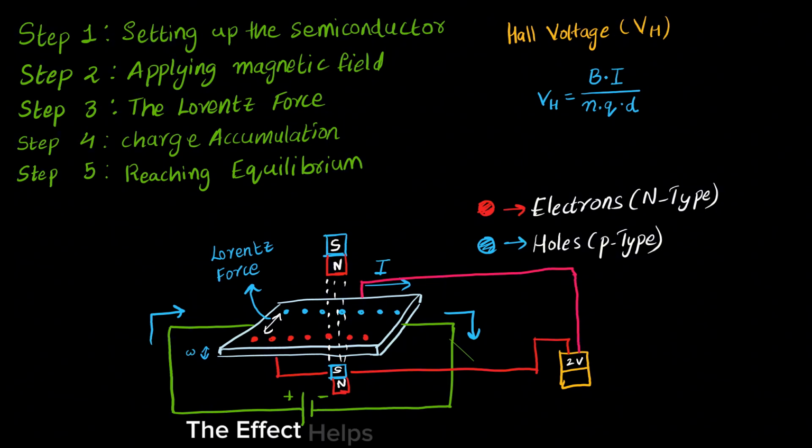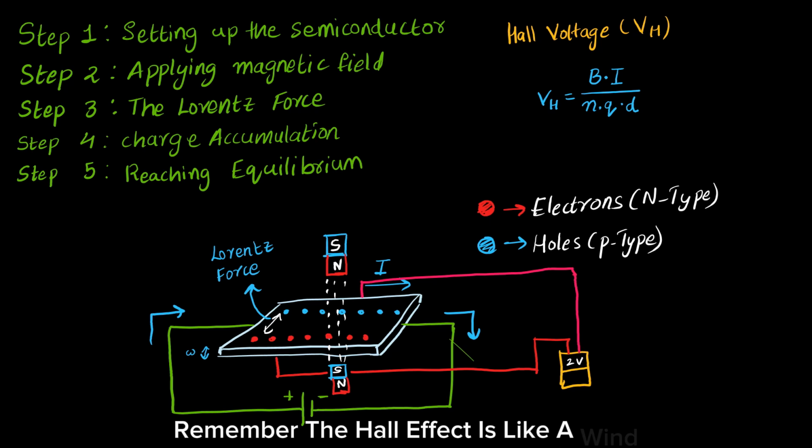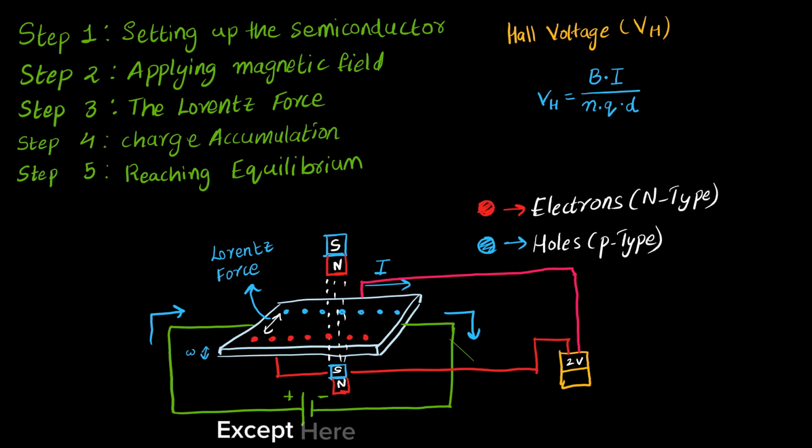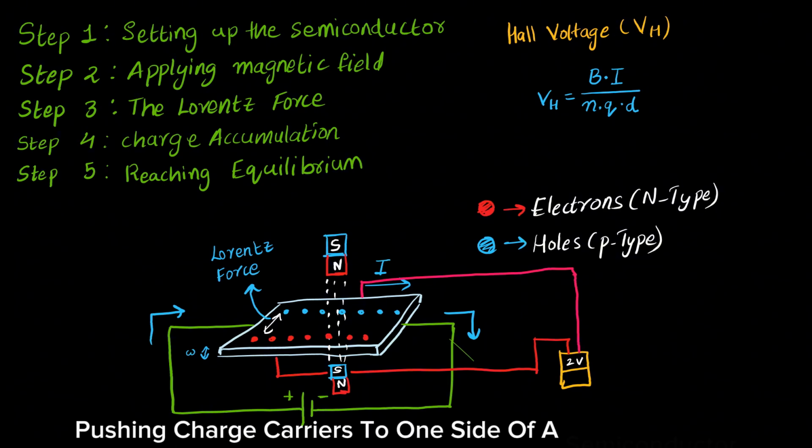The effect helps measure carrier type, concentration, and mobility. Hall effect is widely used in sensors and electronic measurements. Remember, the Hall effect is like a wind pushing water to one bank of a river, except here it's a magnetic field pushing charge carriers to one side of a semiconductor.